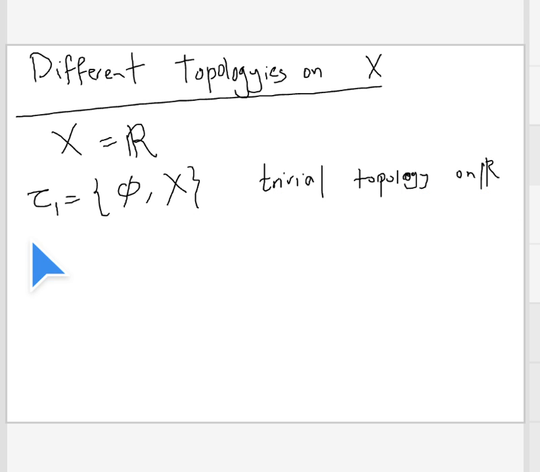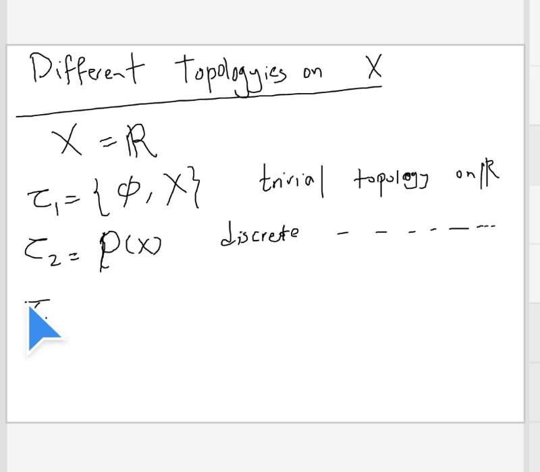Another topology T2 is the power set. This is the discrete topology on R. Another topology is the topology induced by a metric d.